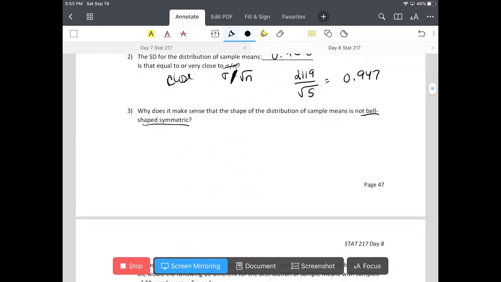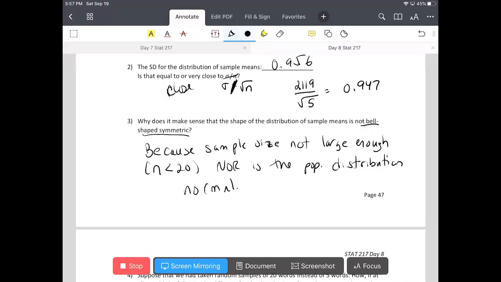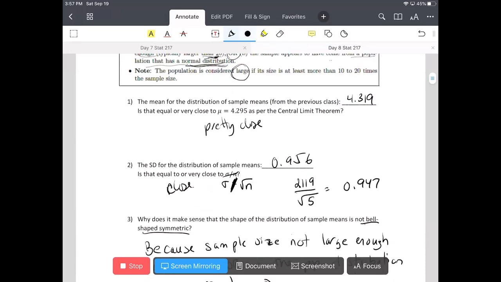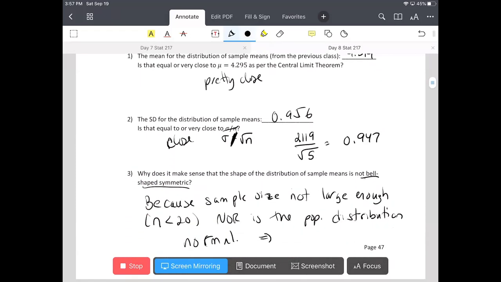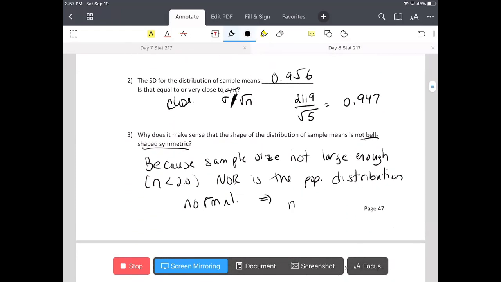What was our sample size here? It was only 5. So because the sample size is only 5, which is definitely less than 20, nor is the population distribution normal, based on the central limit theorem it's not going to look normal. It's not going to be bell-shaped.